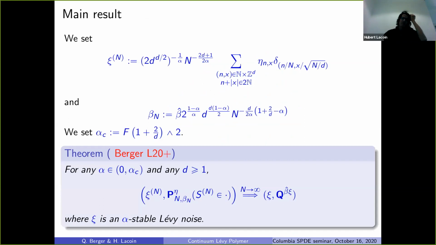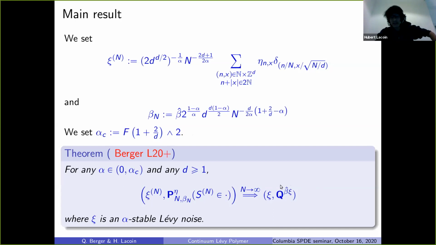What we have proved is that if you rescale beta_n like n to the minus d over 2 times alpha times 1 plus 2 over d minus alpha, and if alpha is smaller than this alpha_c, which is the max of 1 plus 2 over d and 2, so that this thing is positive, then the law of the rescaled trajectory under the polymer measure converges in distribution to a limiting law, which is a continuum polymer with alpha stable environment.